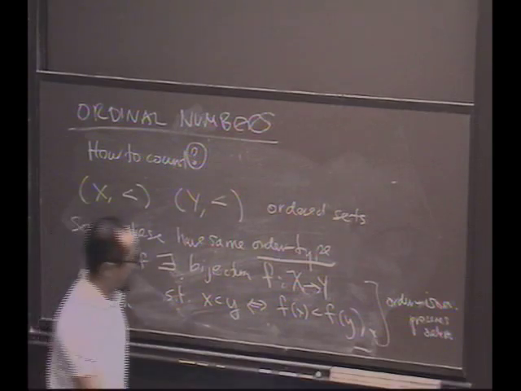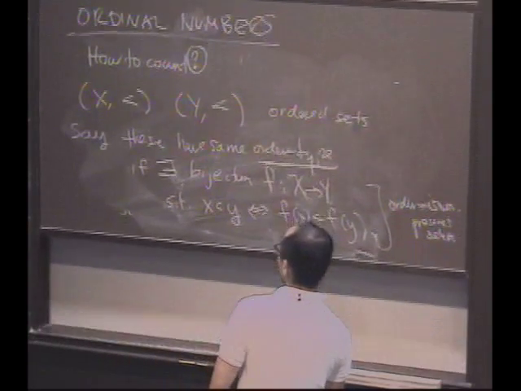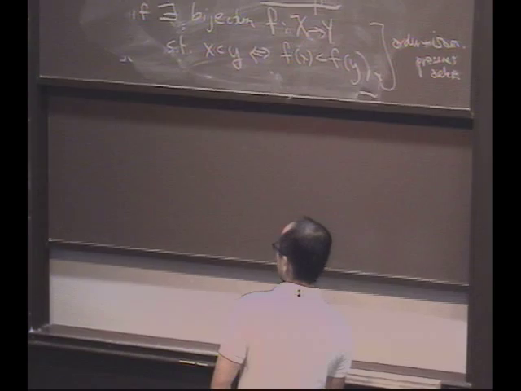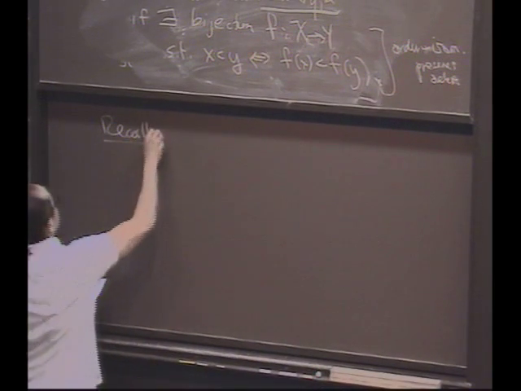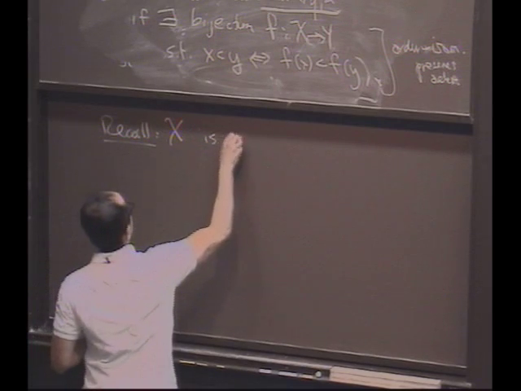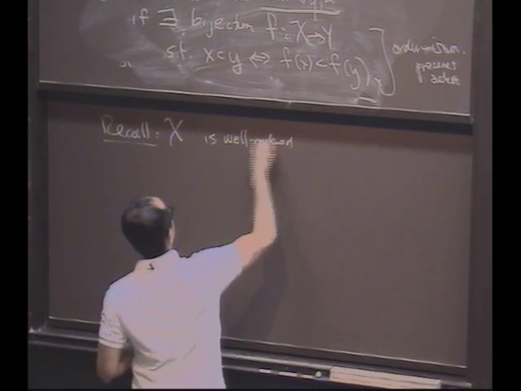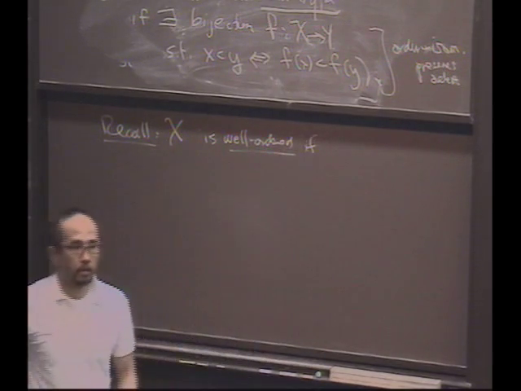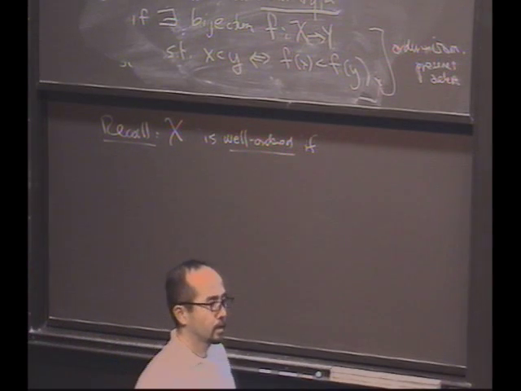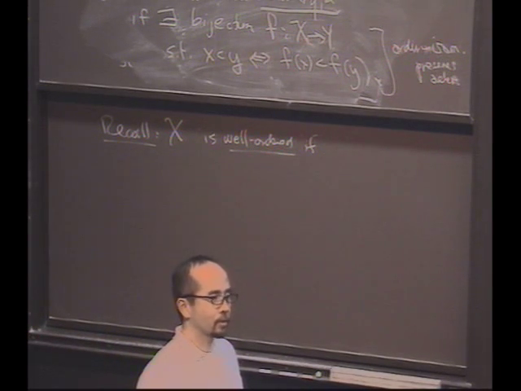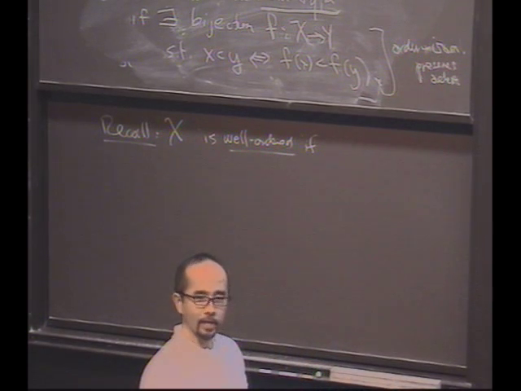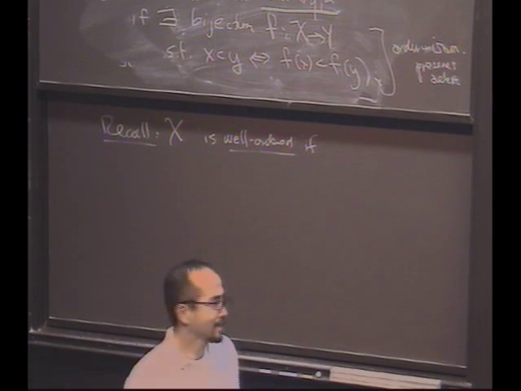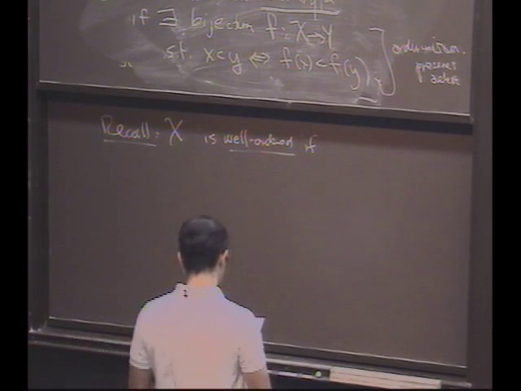Okay. Now, we've learned about one type of ordering already, and that is something called a well ordering. Who can remember what a well ordering is? So X is well ordered if, careful, this is way before we defined compact set. If every something has a something.